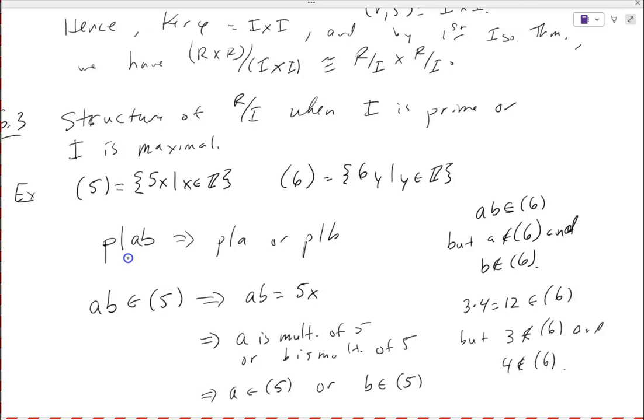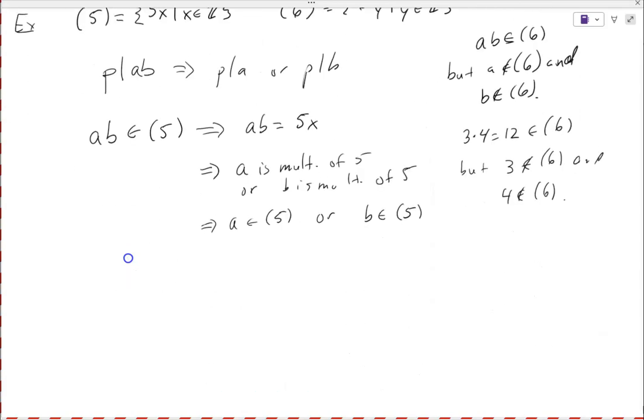Okay. So notice that the prime number 5 generated an ideal where we have this property: a product is in the ideal means one of the factors is. The ideal generated by 6, which is not prime, did not have the same property. So it's an extension of this property of how we define a prime ideal.